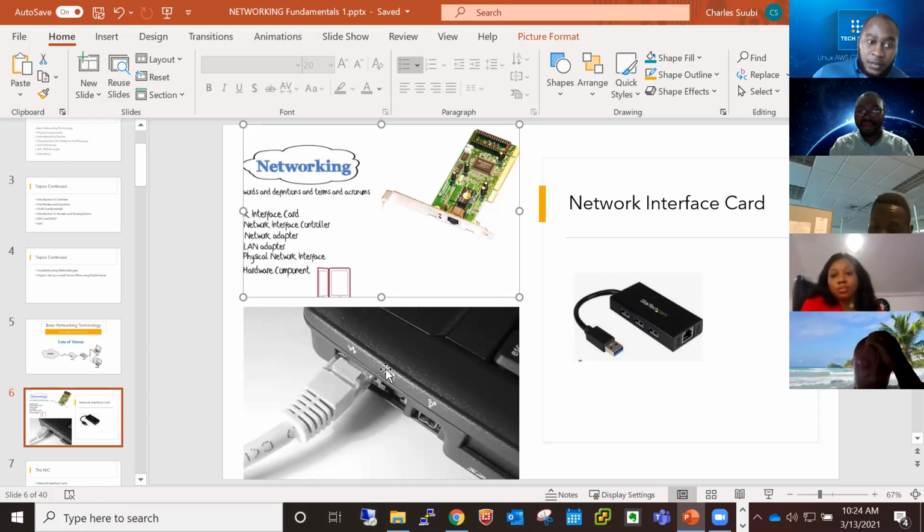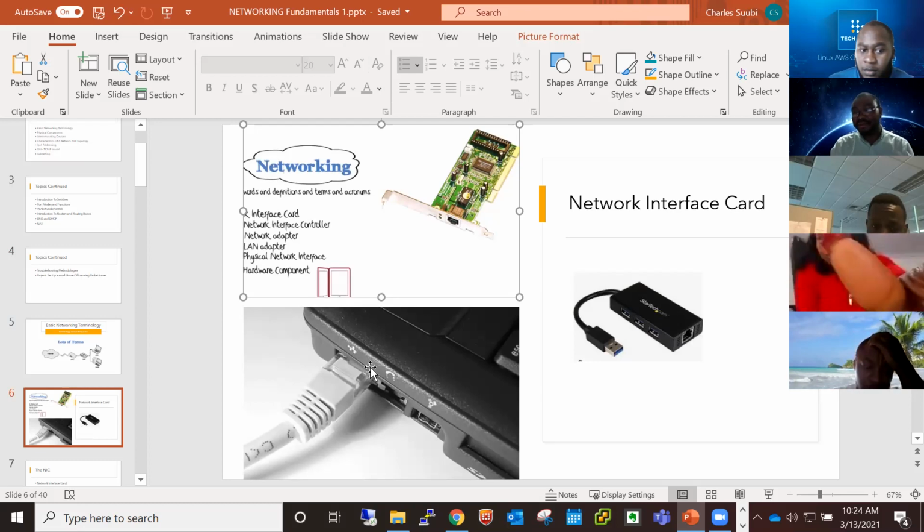Unfortunately for me, my Mac doesn't have any ports. But normally, my other Windows have the network port where you can also connect directly to the wall. So you're saying your laptop doesn't have any kind of ports where you can plug in any? Yeah, not the MacBook.